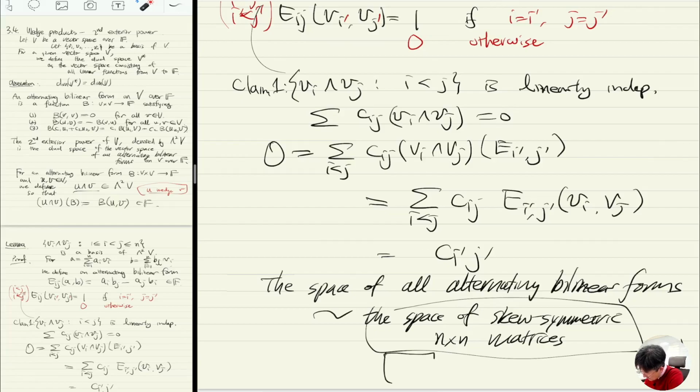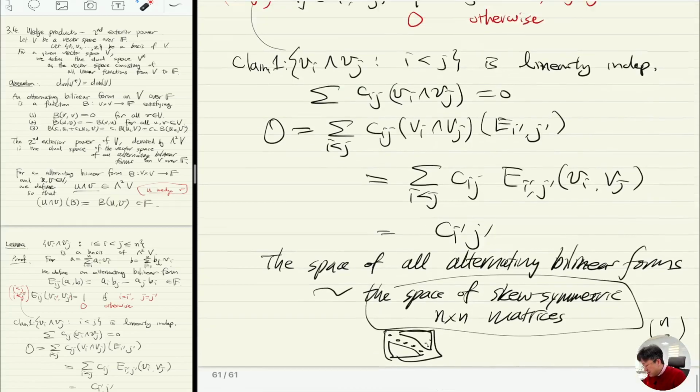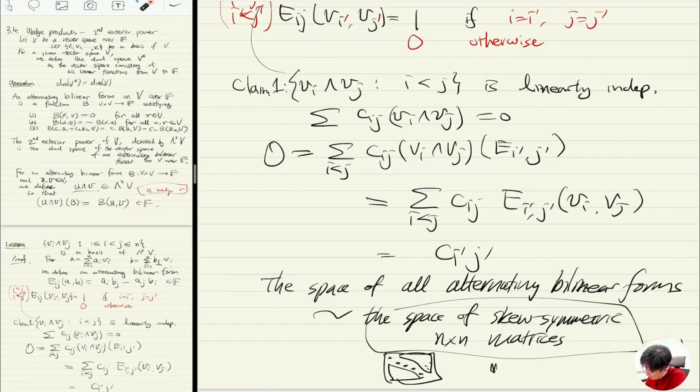Because you have a matrix where the diagonals are 0, and below is the negation of the upper triangle part, and this is 1, 2, 3, 4 up to n minus 1. So you add all these numbers, you get n choose 2. So the dimension is at most n choose 2, and we have linearly independent vectors.